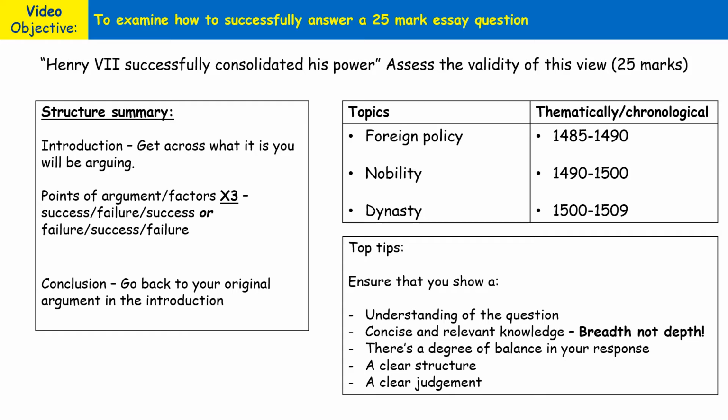However, you may, if you want to, write thematically or chronologically. So you might break down the periods of his rule in 3 different areas in your answer. So 1485 until 1490, then 1490 until 1500, or 1500 until 1509.